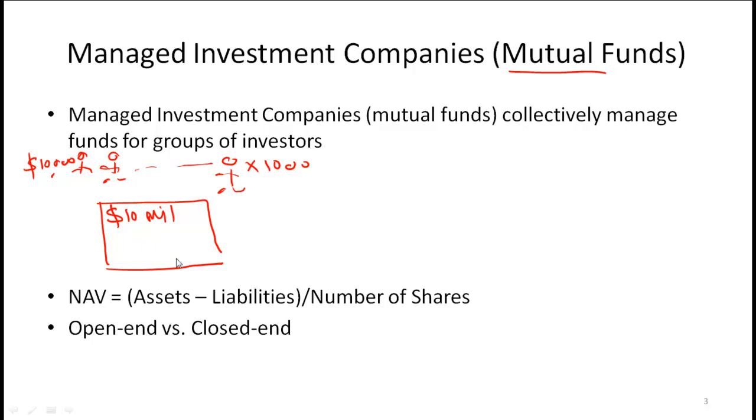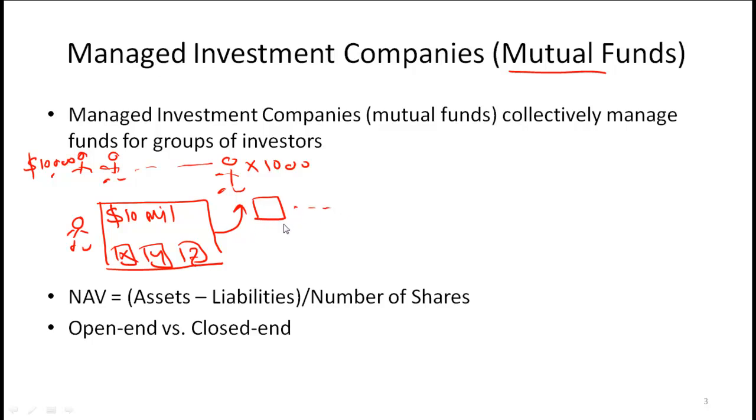So this mutual fund will have a mutual fund manager, and with the $10 million that is now pooled together, he can create a diversified portfolio. And then against this diversified portfolio, he can issue mutual fund shares.